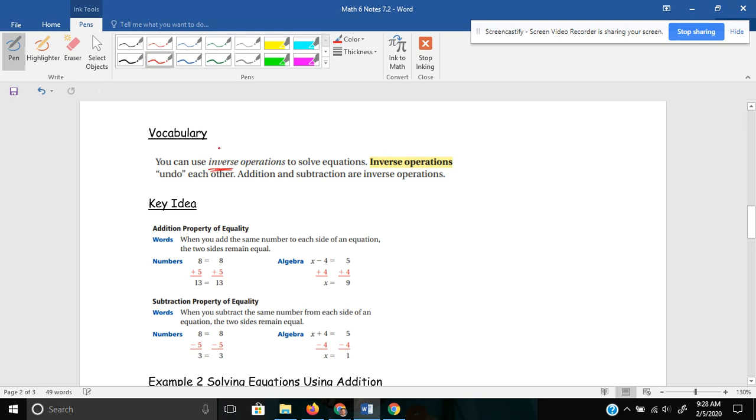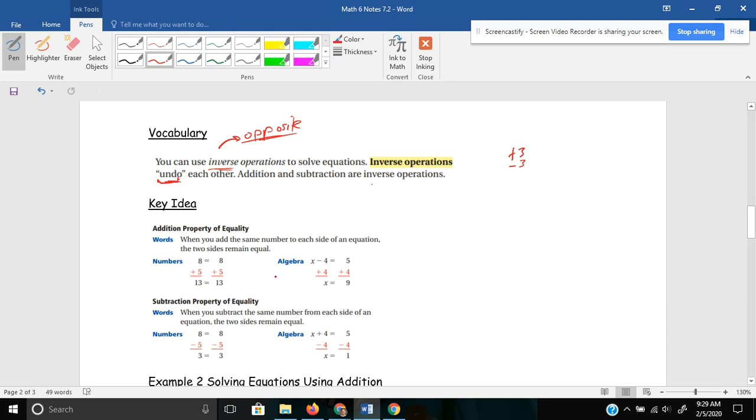The word inverse, a synonym would be opposite. So you can use opposite operations to undo each other. Addition and subtraction are one example of inverse operations. They're opposite. If I add 3 to something and then I subtract 3, you'd get back to that original.